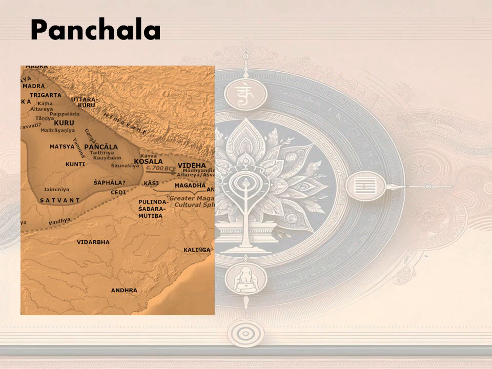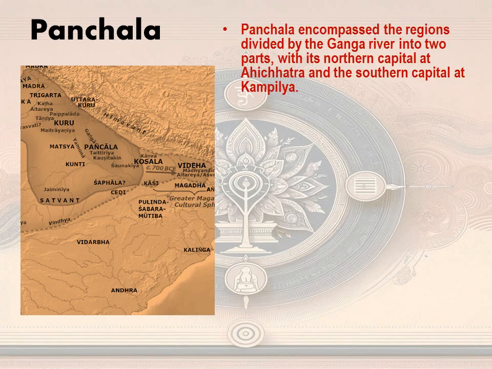Panchal has been mentioned numerous times in Mahabharata, and it is a very important territory in the epic. Panchal encompassed the regions divided by the Ganga river into two parts, with its northern capital at Ahichhatra and southern capital at Kampilya.